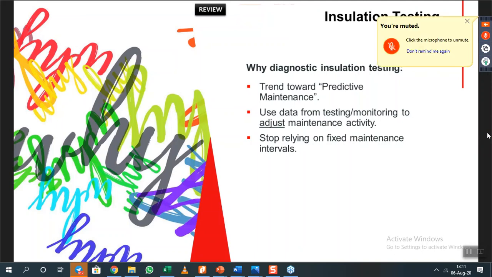Because when we do predictive maintenance, we are looking at the actual condition of your insulation, and by doing so, you can predict ahead of time what will happen.